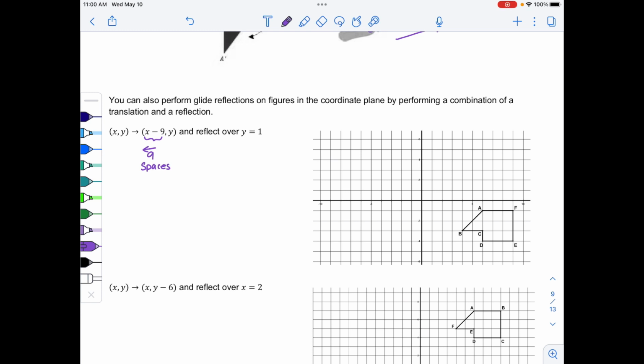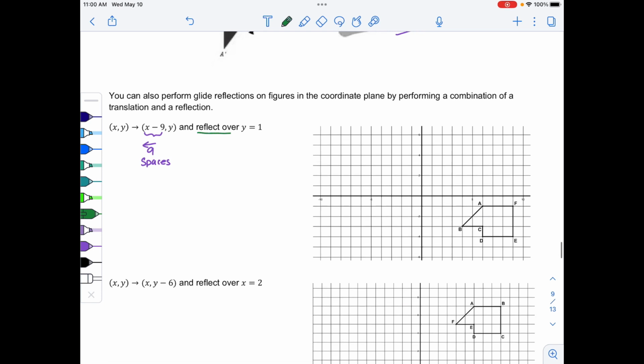The y is going to stay the same. Once I've done that, then I'm going to go ahead and reflect it over y equals 1. So we're going to do these in pieces. Our first thing we're going to do is shift A, B, C, D, E, F to the left 9 spaces. So I'm going to do that translation now.